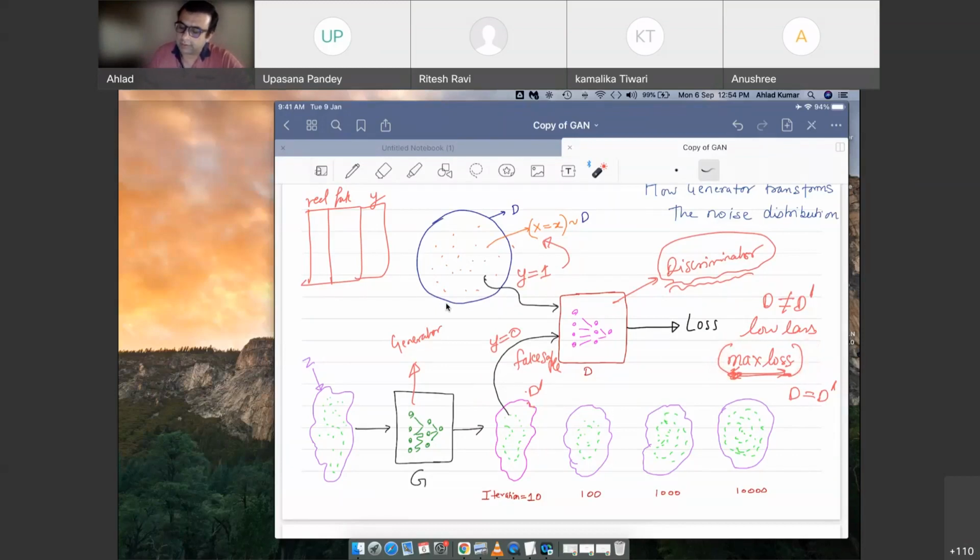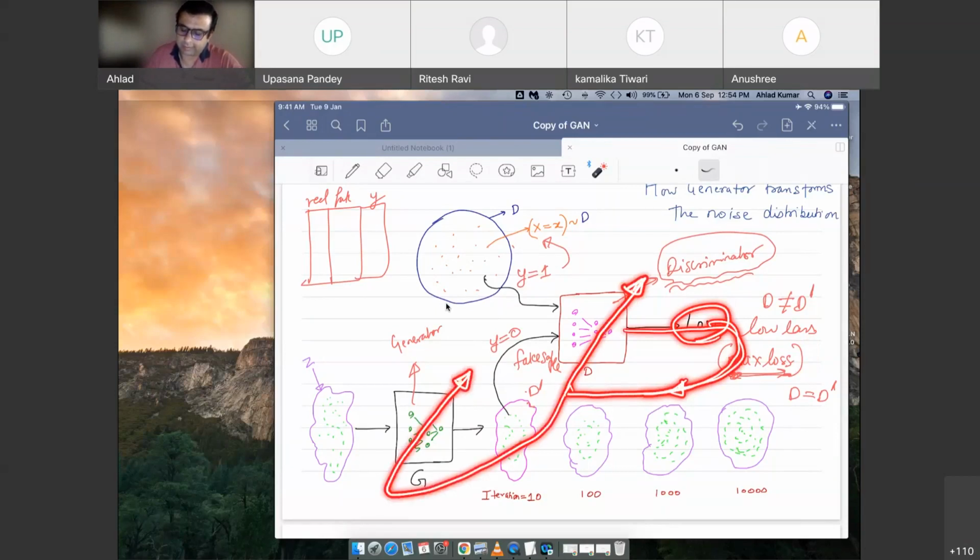The loss that is incurred by this discriminator is back propagated, and then it will adjust the weights of the discriminator and the generator.